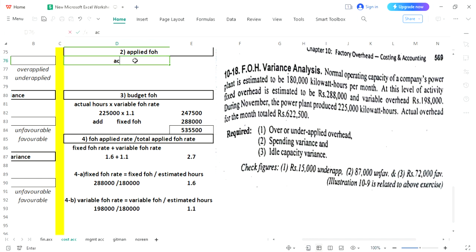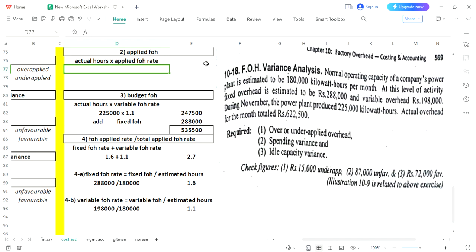How would it arrive? You will need actual hours, and you will multiply it with the applied FOH rate. Actual FOH hours, or actual hours or units, multiplied with the applied FOH rate. Come to the question. During November, the plant produced 225,000.